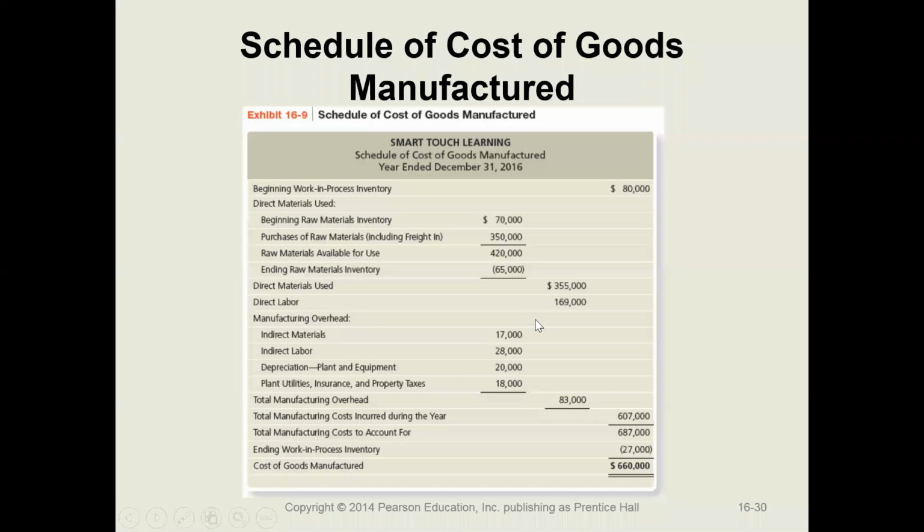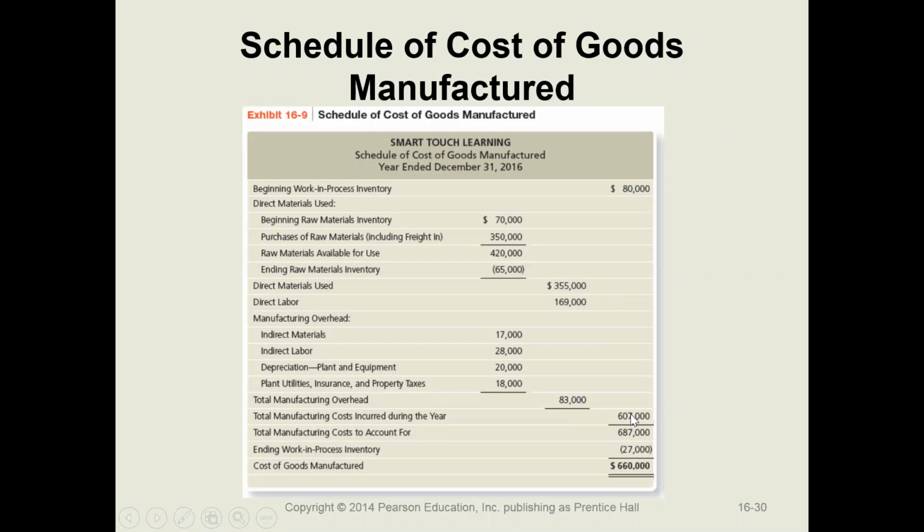Those are the manufacturing overhead costs. Okay, so you add the total manufacturing overhead, the direct labor, and the direct materials used. That total is total manufacturing costs incurred during the year. So in our case, the 607. Again, that's the sum of direct materials used, direct labor, plus total manufacturing overhead.